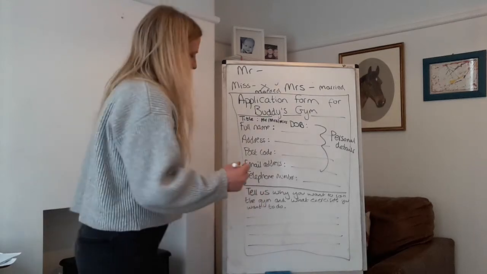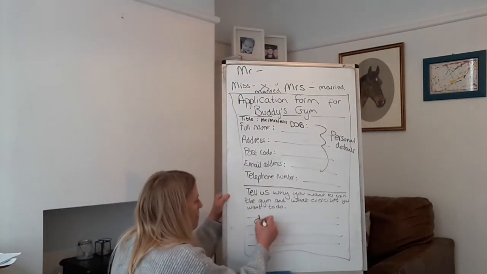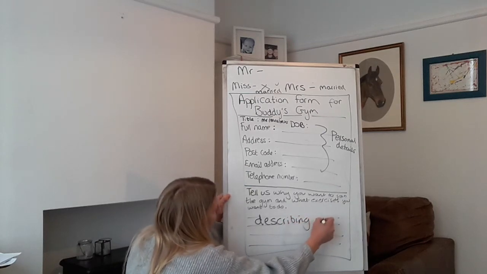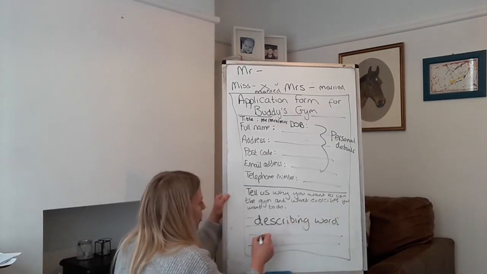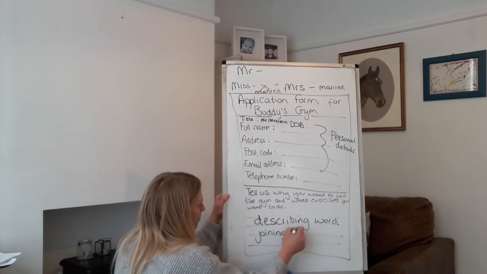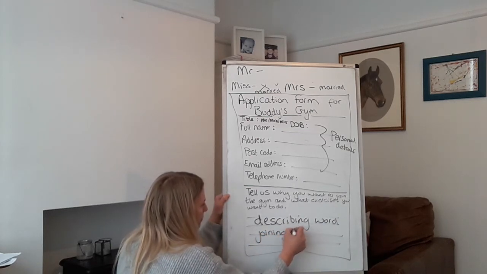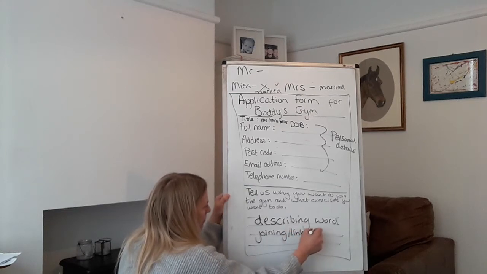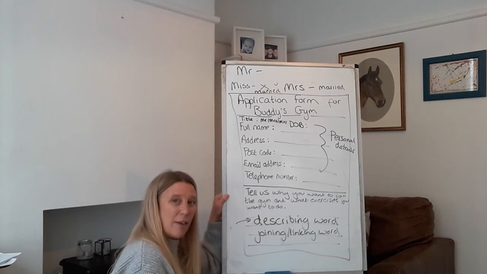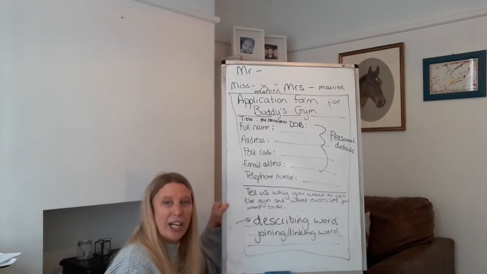And in this extra information, it will ask you to use a describing word and a joining or link word. So a describing word is, like we said earlier when we're describing, it's an adjective.